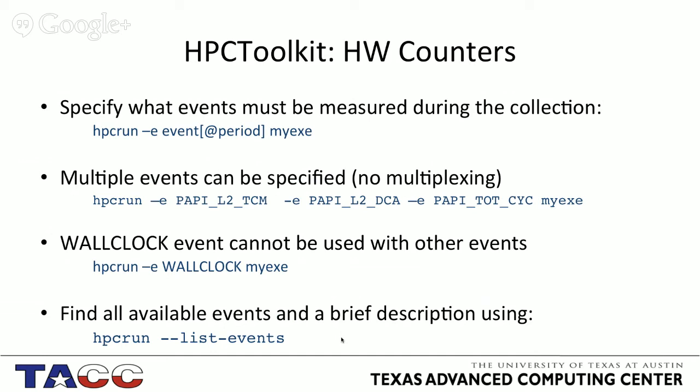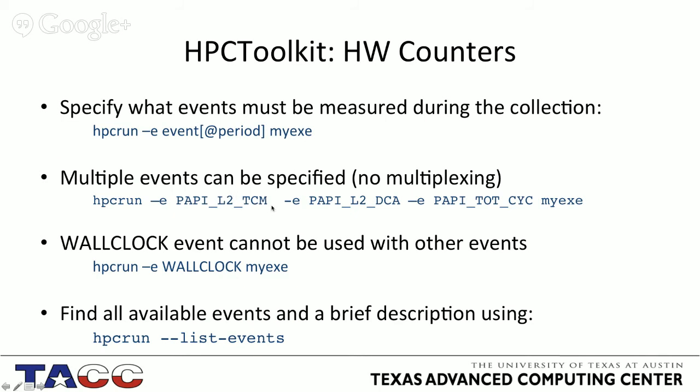But the general structure is that you will call hpcrun -e and then the name of the event, and optionally a period that you want to measure it over, and then your executable. So an example would be hpcrun, and then I'm going to ask for total cache misses that affect level 2 of the cache.